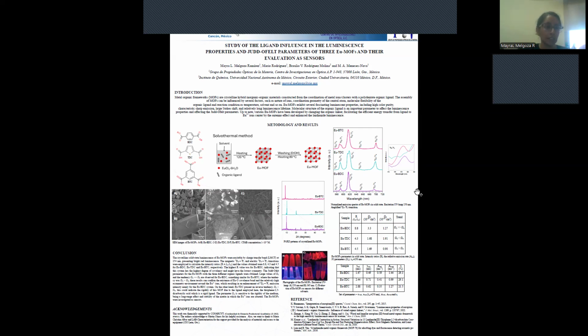Analyzing these intensity parameters can give us information about the environment surrounding the europium 3+ ions. In the first table, we observe the Judd-Ofelt parameter values calculated for each system.